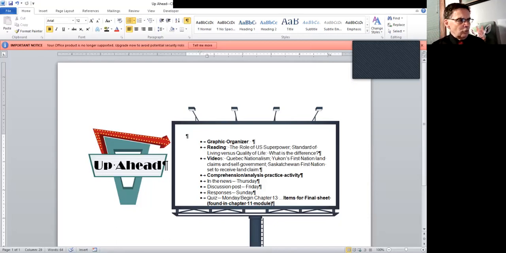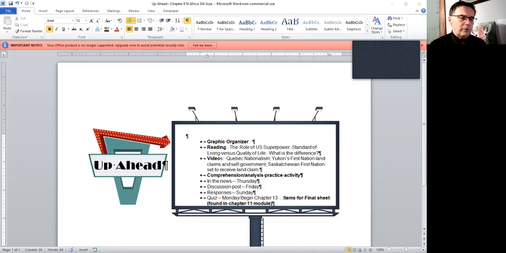Your readings, you got two short ones there. The role of the U.S. as superpower and standard of living versus quality of life, right? What is the difference? And how does that affect us as Americans? That'll be related to one of your discussion questions, as will the role of the U.S. superpower.